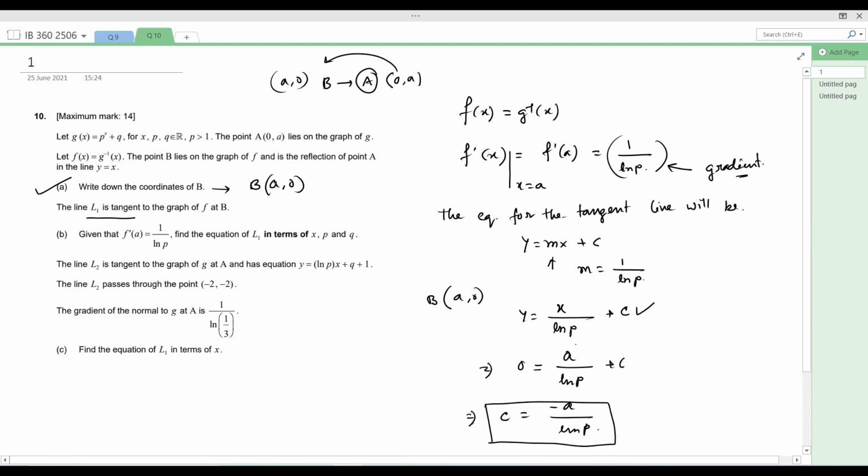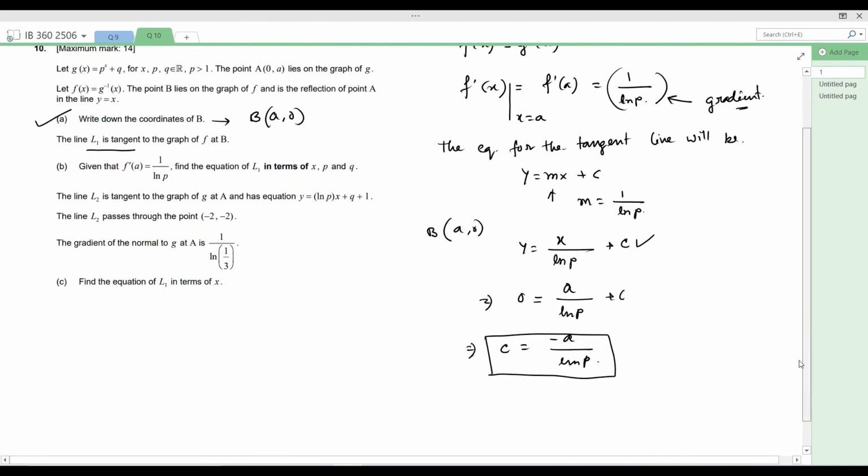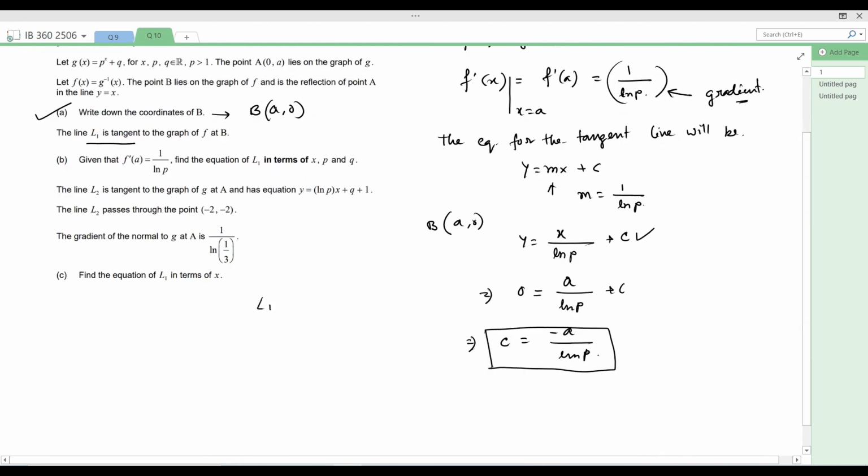Now we can easily find the equation of L1: y equals mx plus c, that is x by ln p minus a by ln p. But we need to find it in terms of x, p and q. So how do we find the value of a?